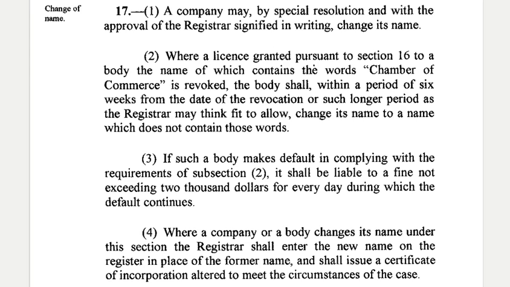It says here, what is an ordinary resolution? First of all, the ordinary resolution. It said the majority of resolution used for routine changes which simply need a majority, which is more than 50% of shareholders or directors, to agree or disagree on a decision are known as ordinary resolution.